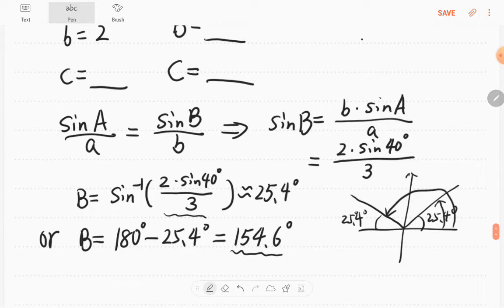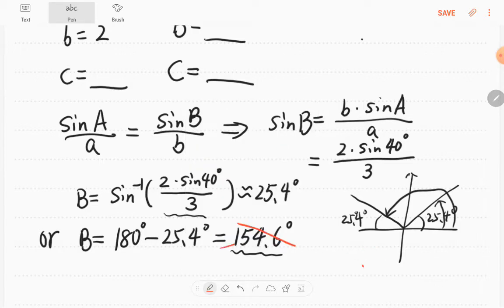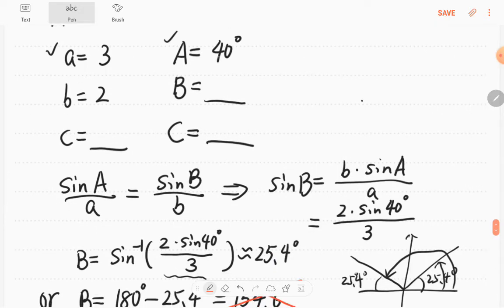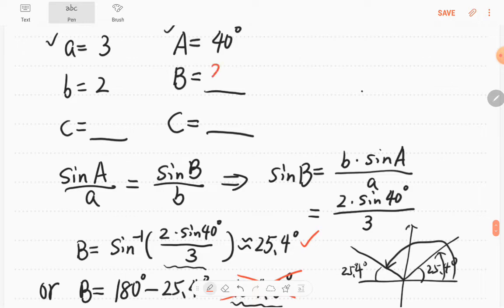We know the sum of three angles should be equal to 180 degree. It cannot be greater than 180, so that is not the case. It's impossible. So we only have one choice, and this one is the one we're looking for.